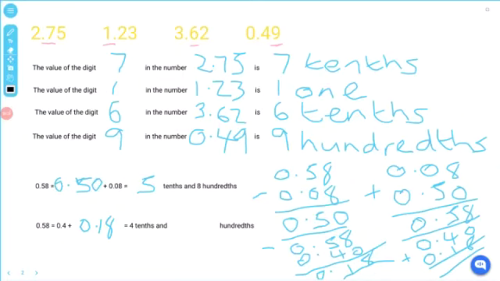So let's do the calculation together. 0 add 8 is 8, that's right. 4 add 1 is, that's right, 5. And don't forget we need to put in our point. And then 0 add 0 is 0. So that makes 0.58. So we know our answer is correct. So in here, we can put in 18 hundredths.